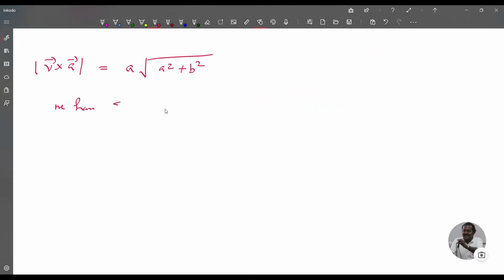We have kappa equal to modulus of v cross a divided by modulus of v cube. So we have to find modulus of v.